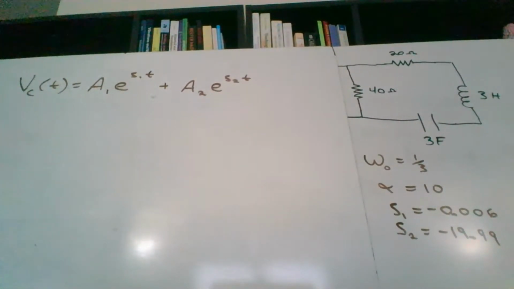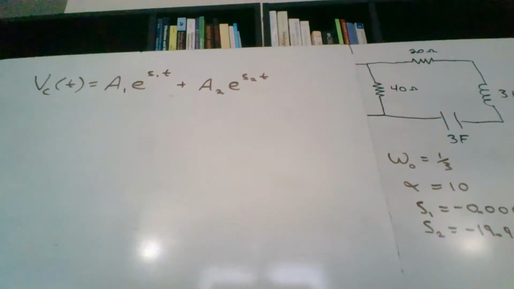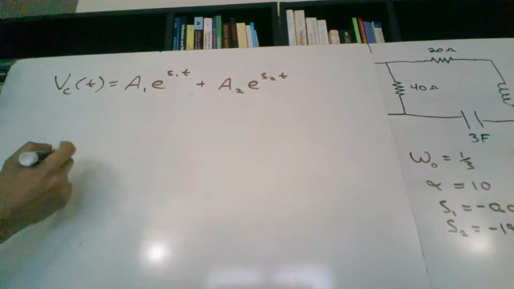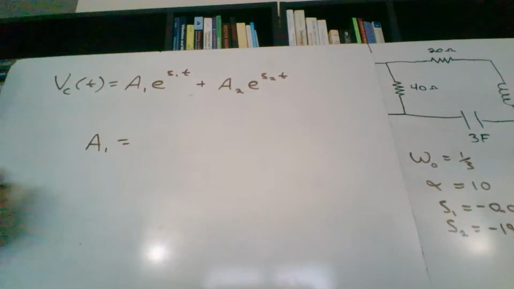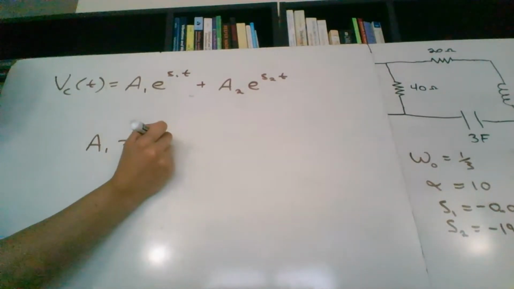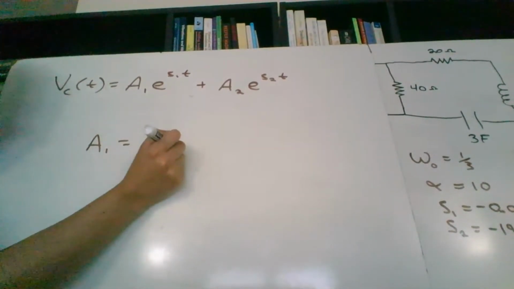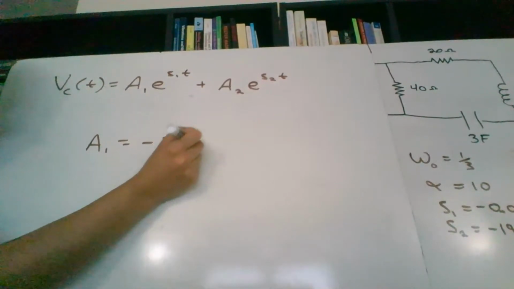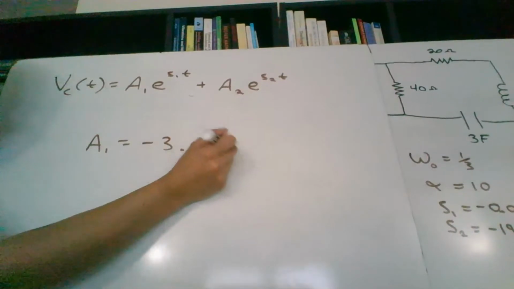So working that out, if you solve for it, here's what you're going to end up with for A1 and A2. A1 is going to equal negative 3.0008.